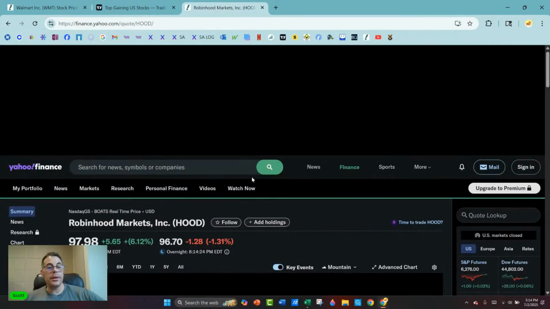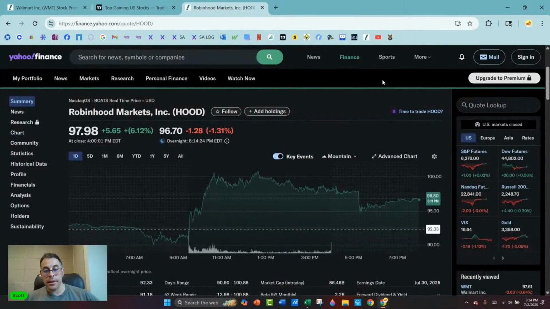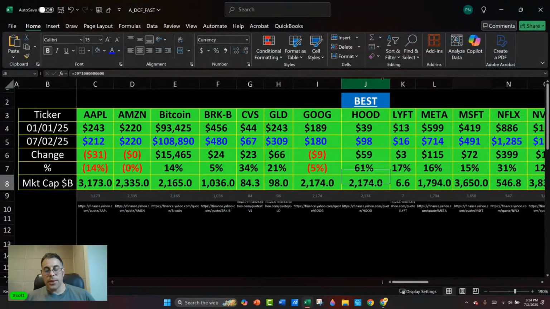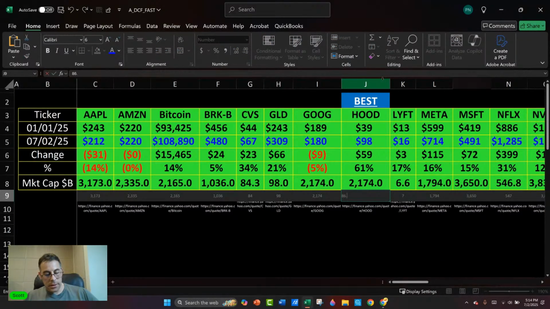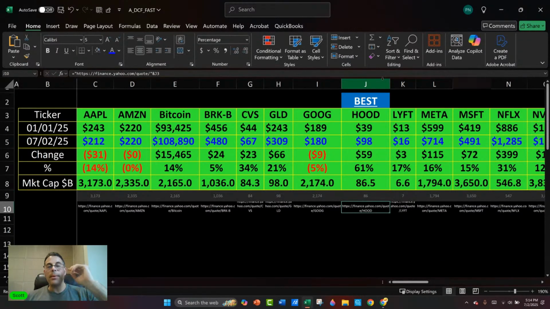Do you guys own Robinhood? Could have made a lot of money. But the thing is, when do you sell? When I buy a stock, I usually pick a good company, and I don't have to think about selling because they're all long-term holds. So that makes it easy.